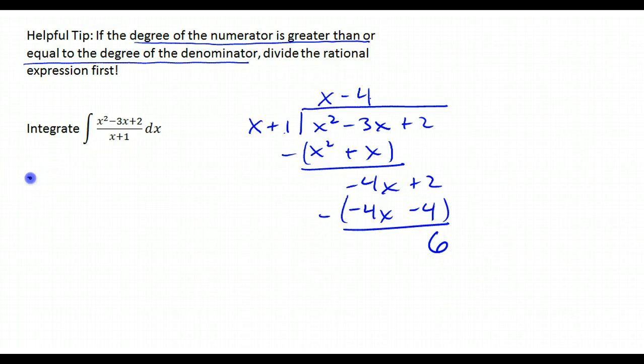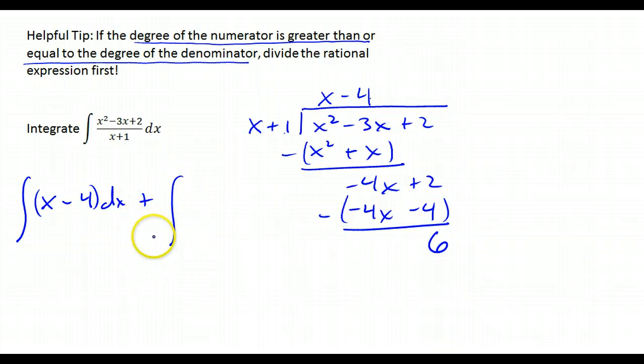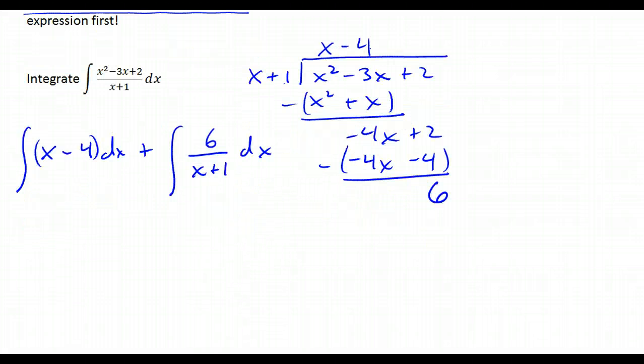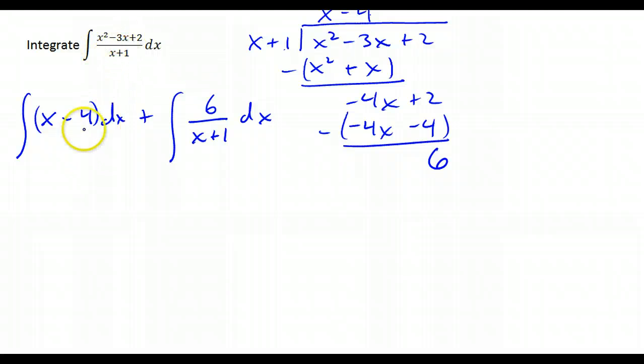So we can rewrite our integral as the integral of x minus 4 dx plus the integral of the remainder, which is 6 over x plus 1 dx. Okay, so I split that fraction into the quotient plus the remainder.